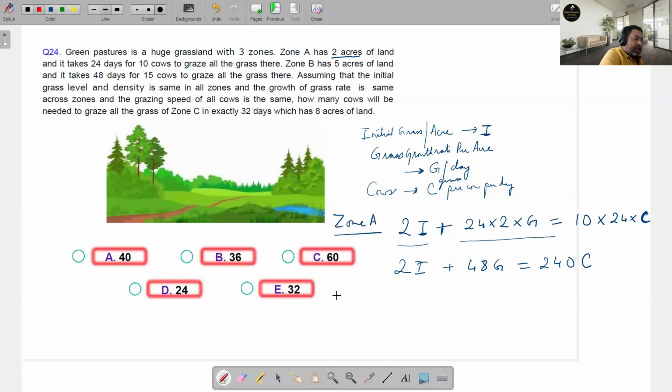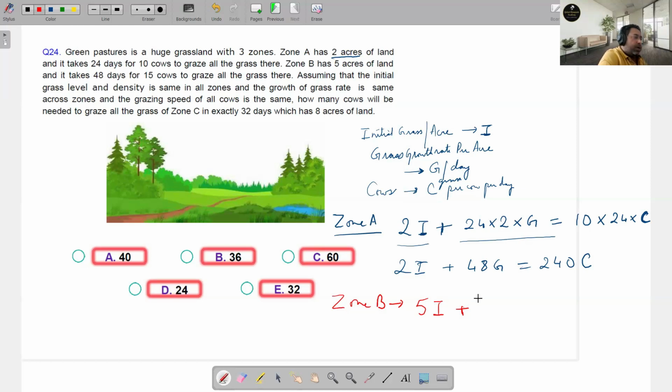Let us do zone B, and let me write it with a different color. Zone B has 5 acres of land, so that will be 5I of grass, initial grass. How many days did the grass grow for? It grew for 48 days, because till that time the grass was growing, till the cows grazed it up.